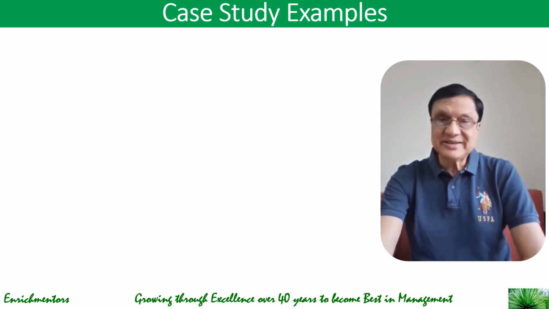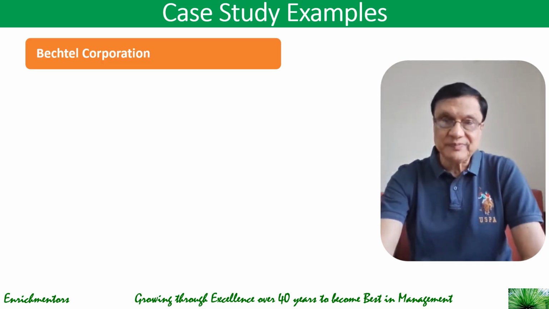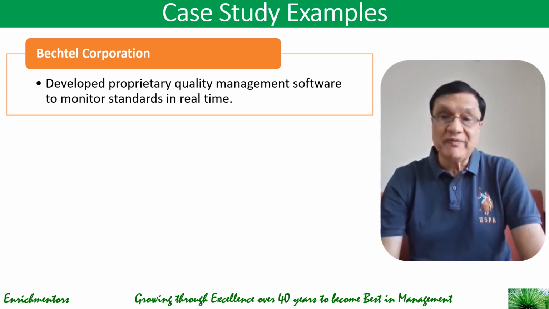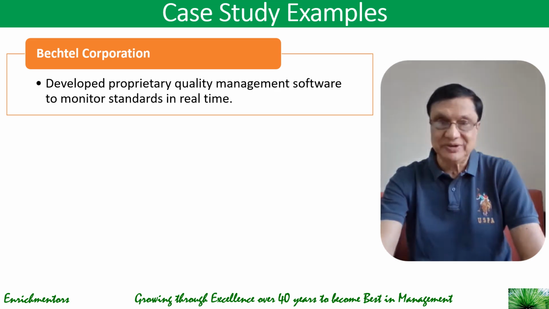Let's take a look at a few examples of quality assurance, quality control, and ensuring quality. The first one is Bechtel Corporation. What did Bechtel do to maintain and deliver quality? They developed proprietary quality management software to monitor standards in real time, because they were a very large company.